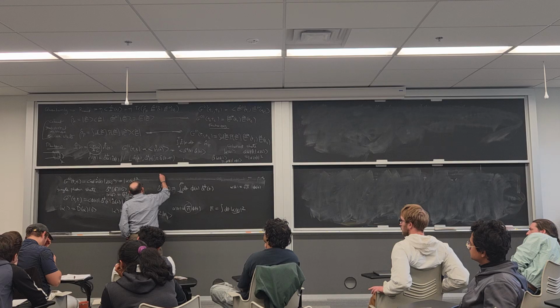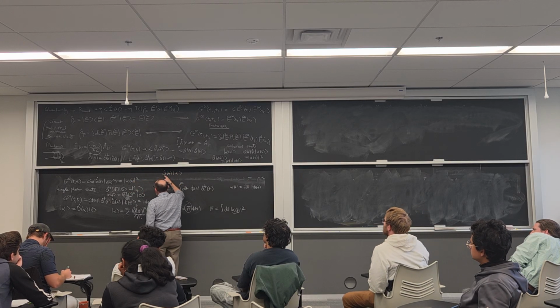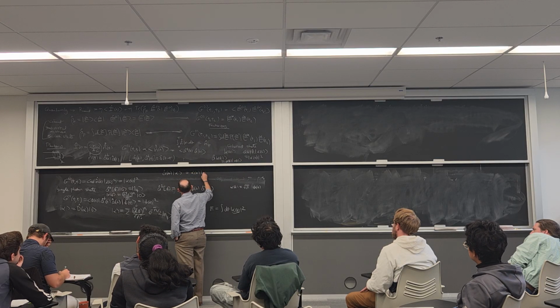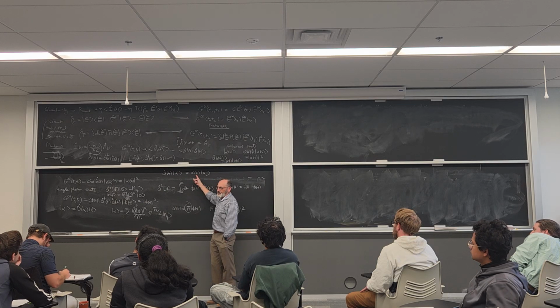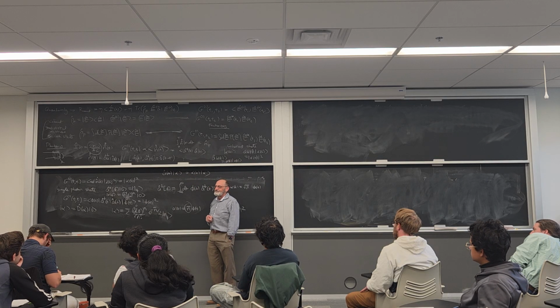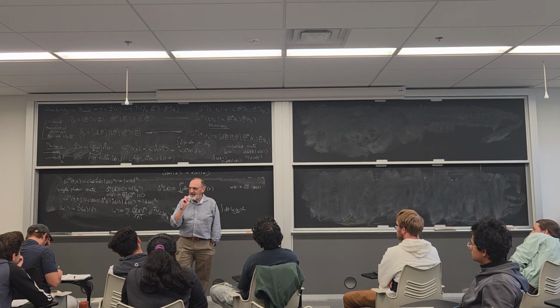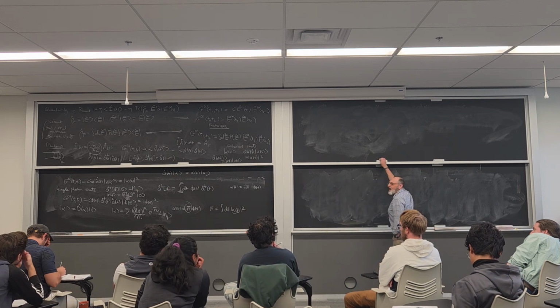So if I look at A of t acting on alpha, this thing has units. And this gives me that. This has units of 1 over root time. This has units of 1 over root time. Great. Okay, good.